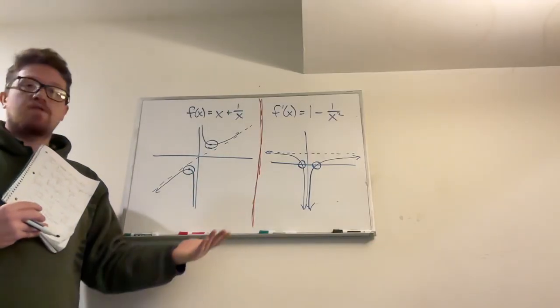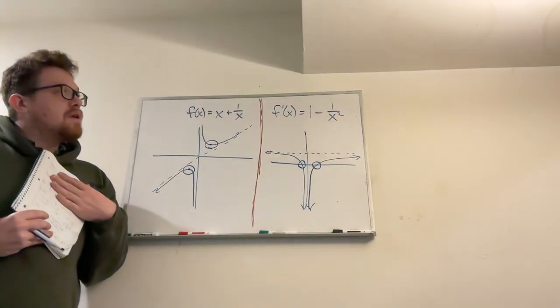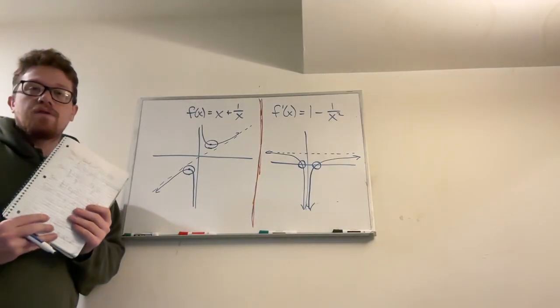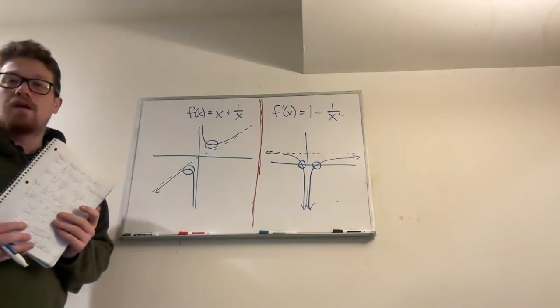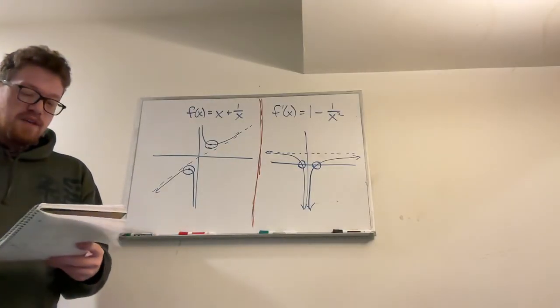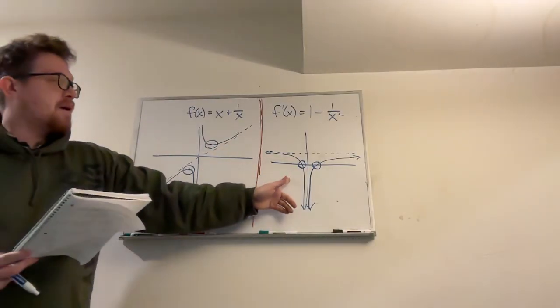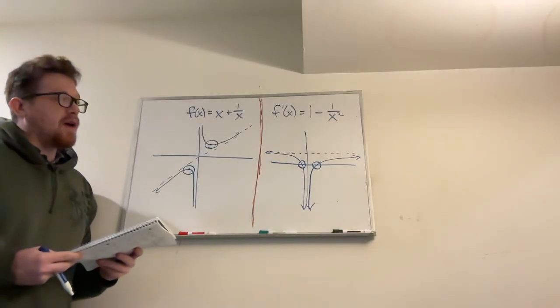Maybe it's just a saddle point and it's not a minimum or maximum. Okay, so these are very common types of problems that you'll encounter. This was number 36. We have the graph of f, we have the graph of f prime, and we're comparing the two and looking at critical points.